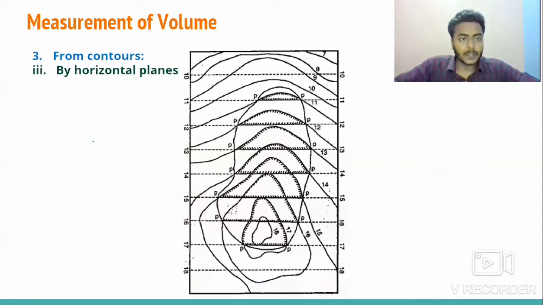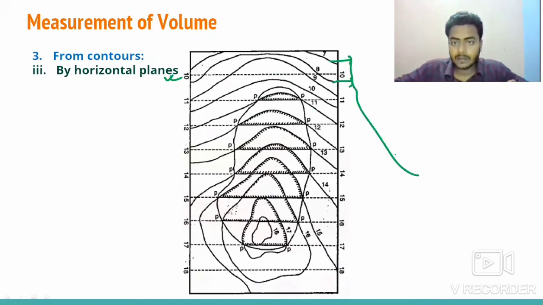From horizontal contours by the horizontal planes. This method is very similar to the previous one by equal depth contour. In this method, see this thin line. This line is showing the contour, or we can say ground contour.